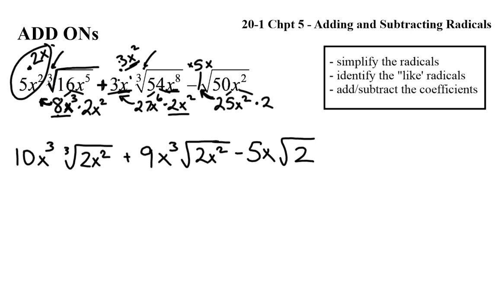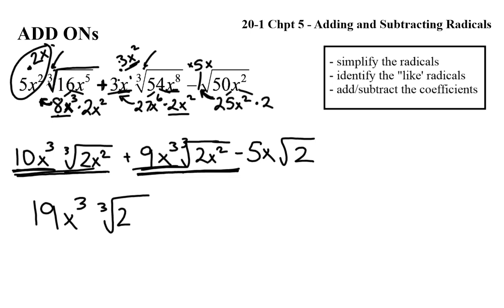And at that point, even though we have cube roots for 2 of them and a square root for the third, we can see that our cube roots, I forgot my cube root symbol there, yikes, caught it though. I have cube root 2x squared and a cube root 2x squared, so like terms, 10x cubed plus 9x cubed, 19x cubed with the cube root 2x squared as my radical there.